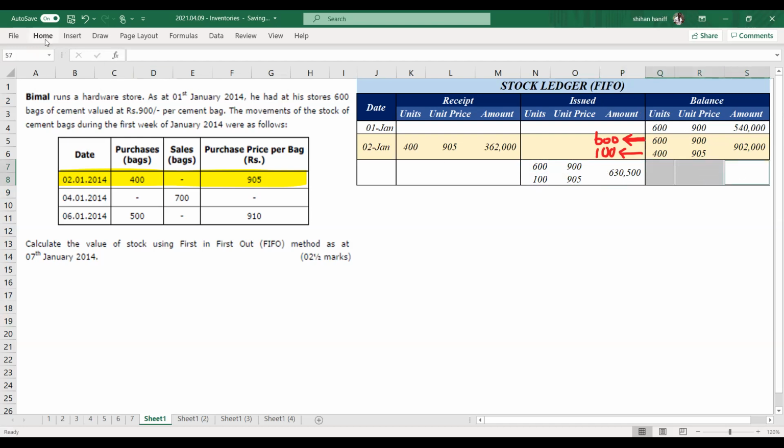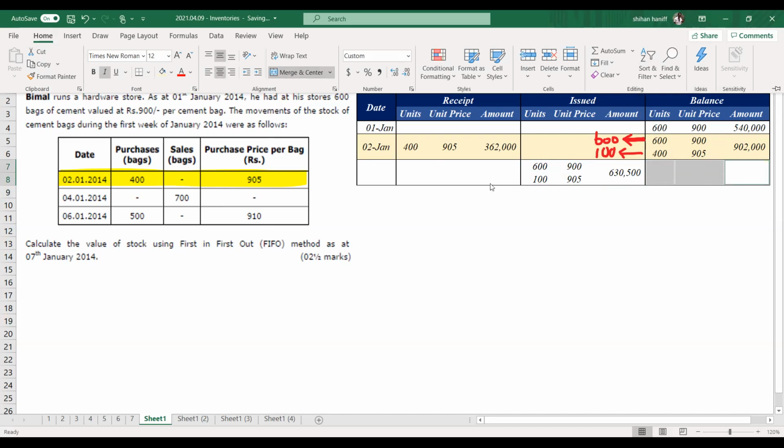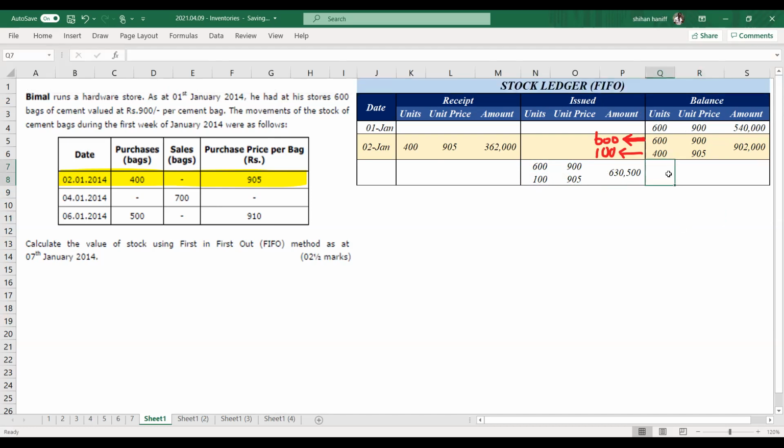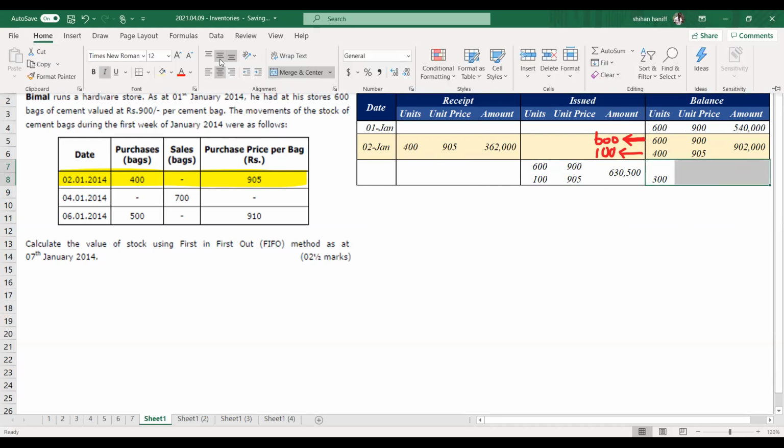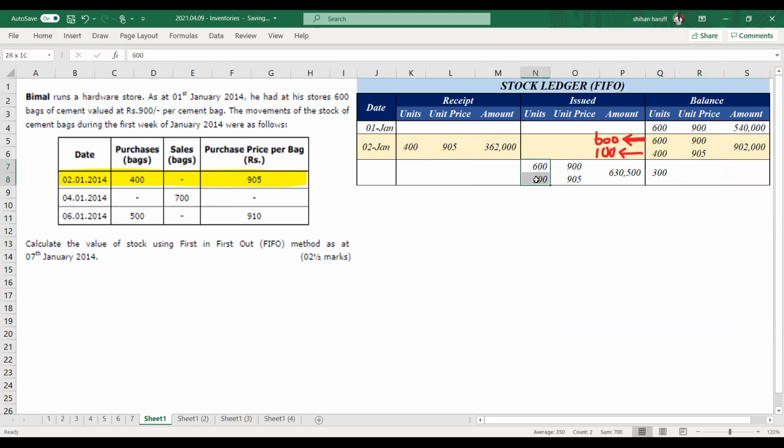So the remaining is only 300 bags out of 1000. When you are issuing 700, remaining 300 bags, which was valued at 905. So remaining amount is 271,500.